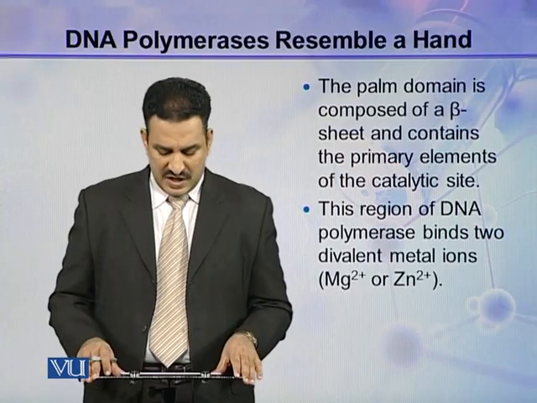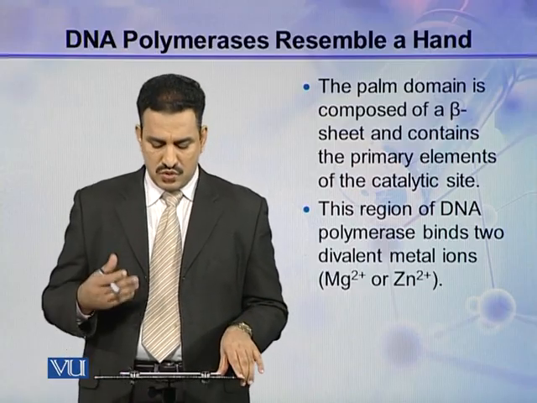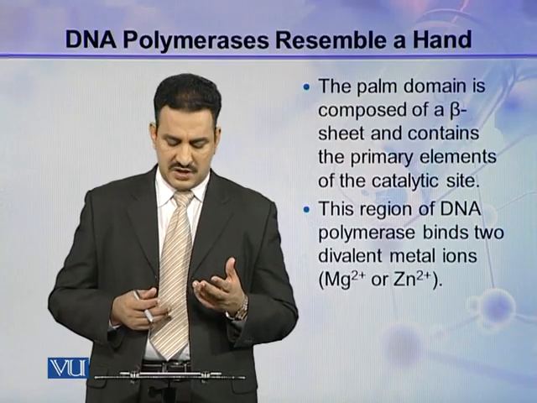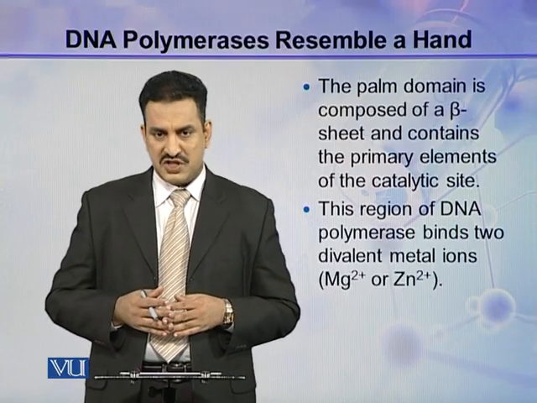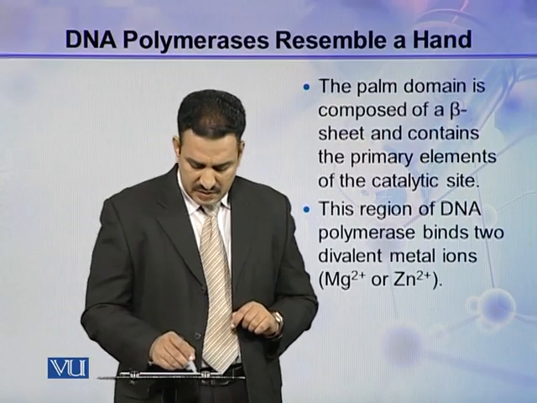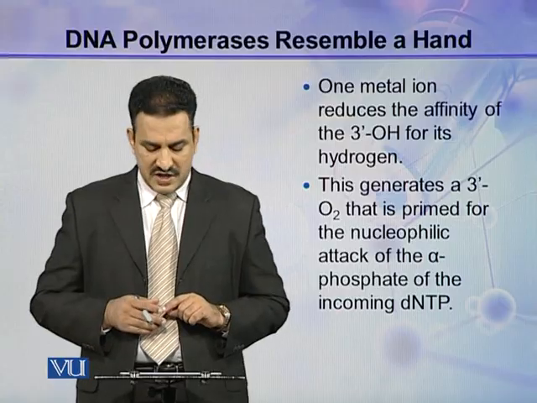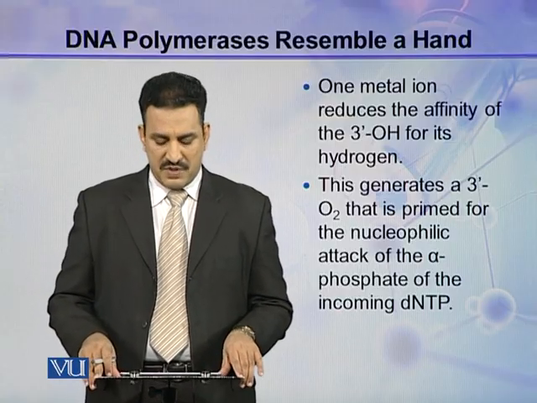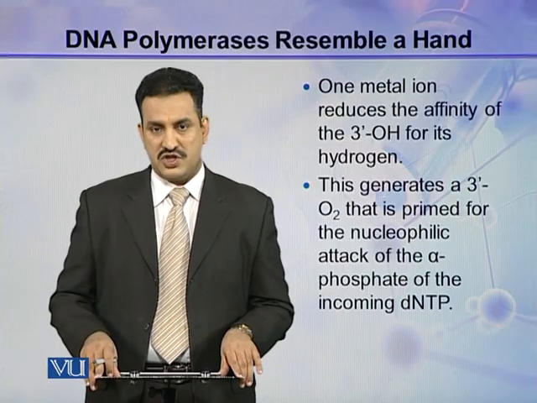This region of DNA polymerase binds two divalent metal ions. So two divalent metal ions, either magnesium or zinc, are present in this domain, in the palm of the DNA polymerase. One metal ion reduces the affinity of the 3' hydroxyl for its hydrogen.